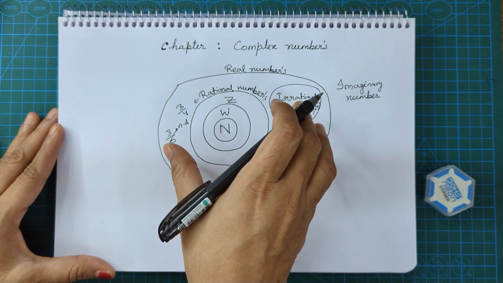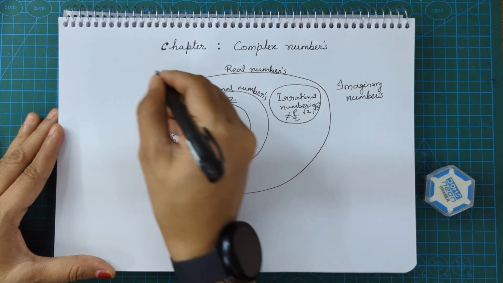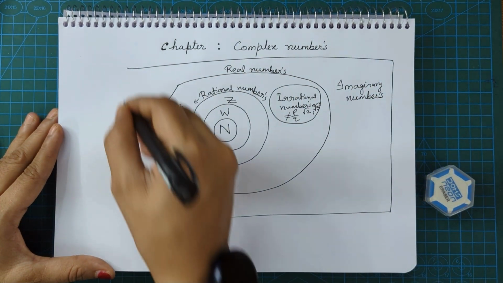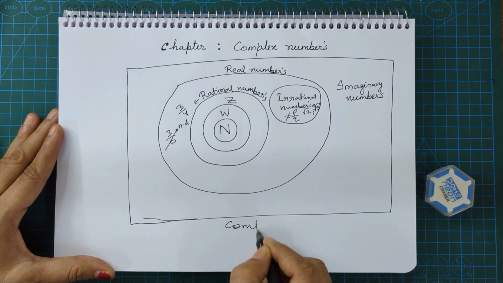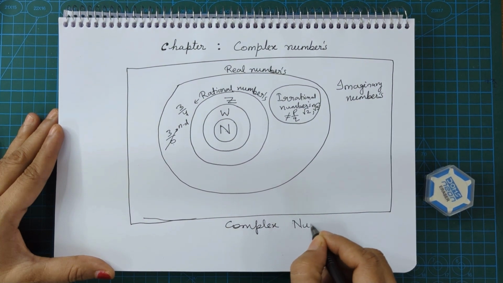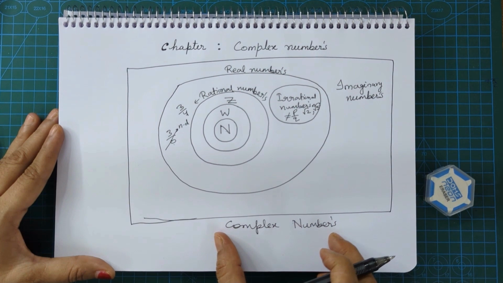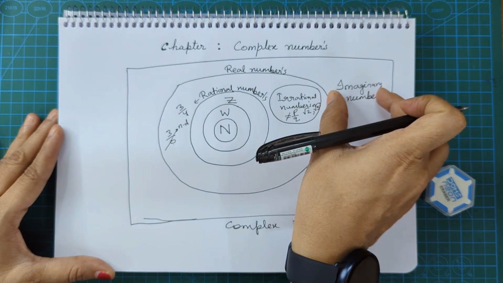The set of real numbers and the set of imaginary numbers are contained in the set of complex numbers. So here we introduce ourselves to complex numbers. What are complex numbers? Complex numbers are the combination of real numbers and imaginary numbers.